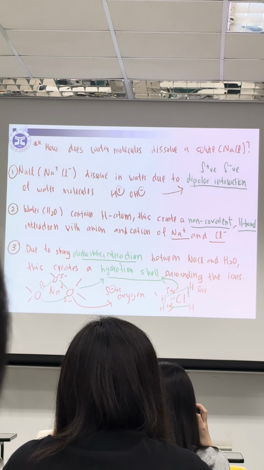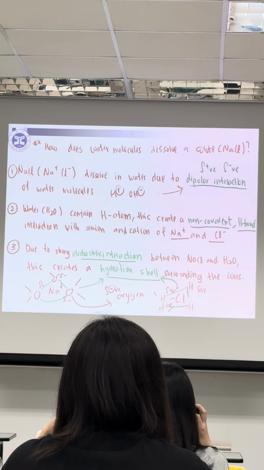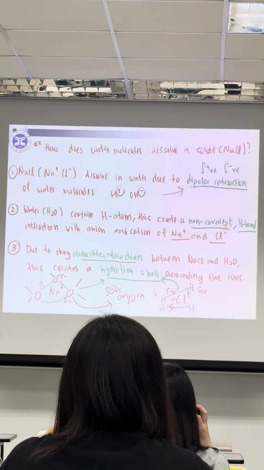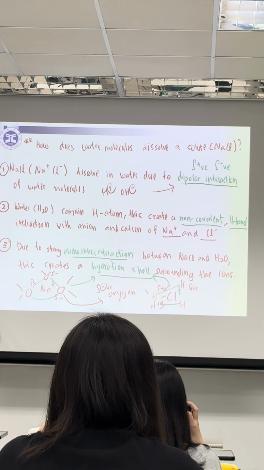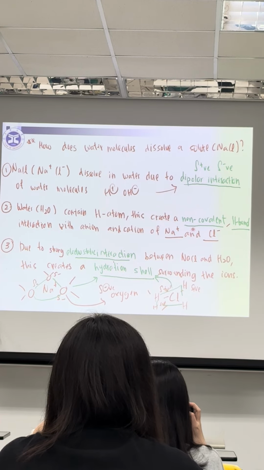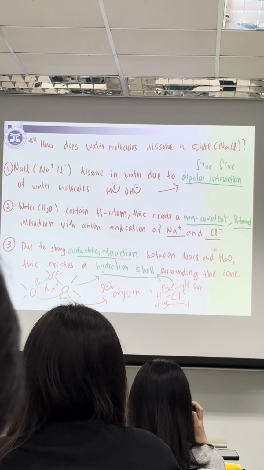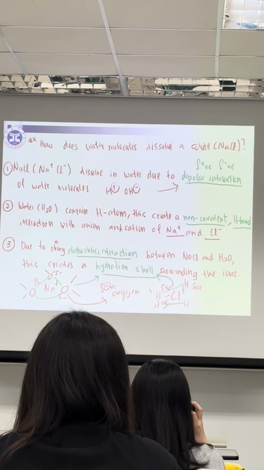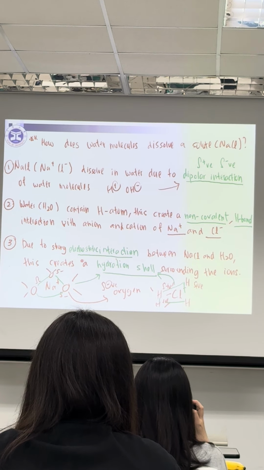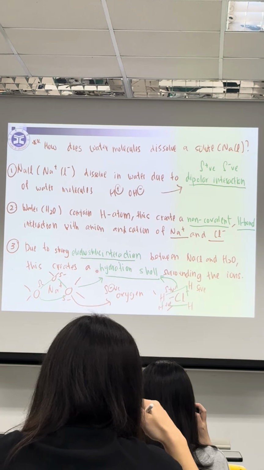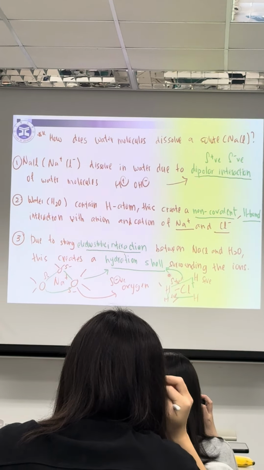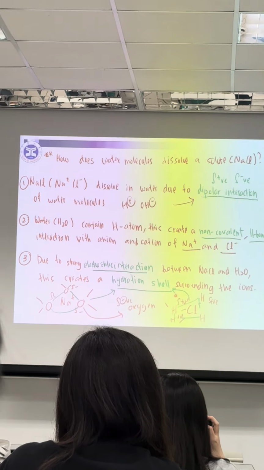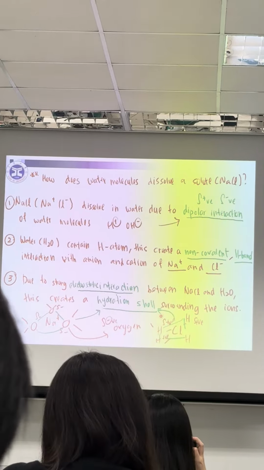So what does it create? Hydrogen bonding. The hydrogen bonding from the water will interact with the sodium and also the chloride, then it forms strong electrostatic interaction and then creates a hydration shell. Clear?